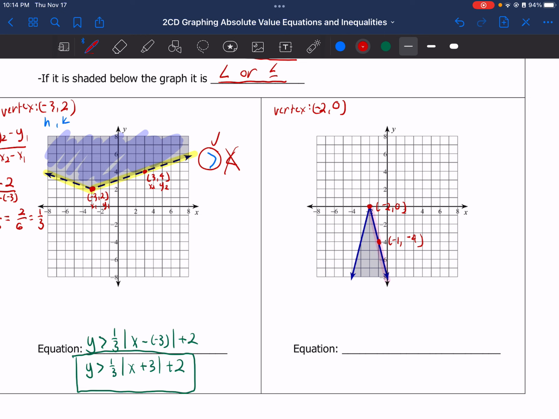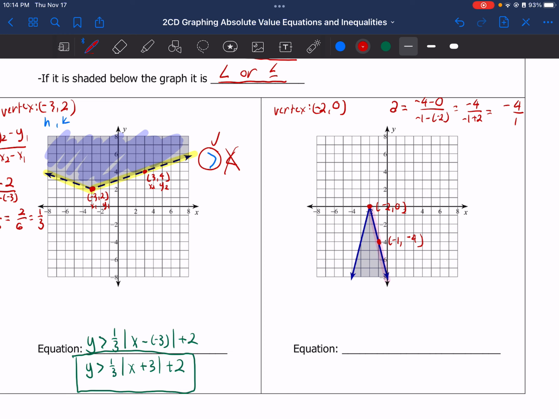So we get a is equal to -4 minus 0 over -1 minus -2. This gives me -4 over -1 plus 2, giving me -4 over 1.